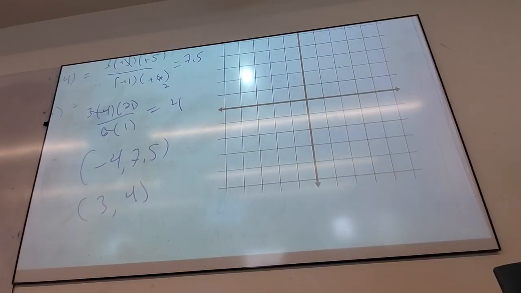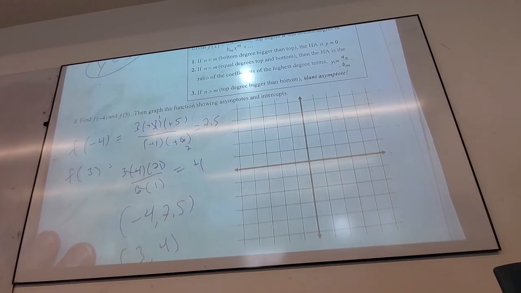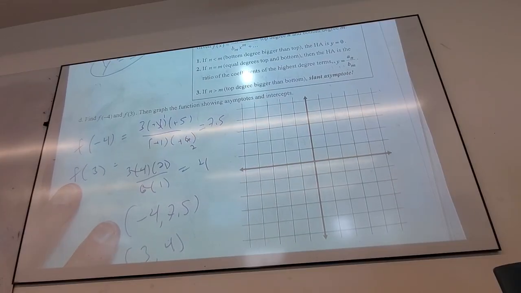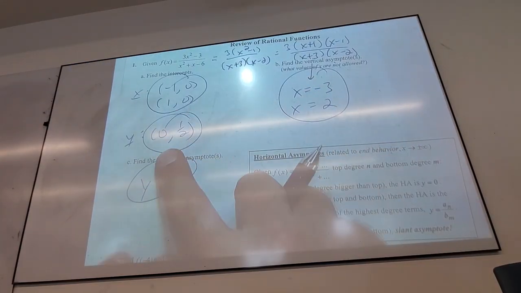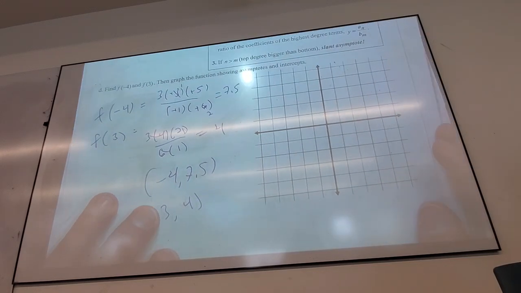So, what scale do I have to be careful about? What's a good x scale to do for this? What's the biggest x value that you see? Yes, -4. There's -3, there's 2, there's -1, there's 0, there's -4. So going by ones is fine.